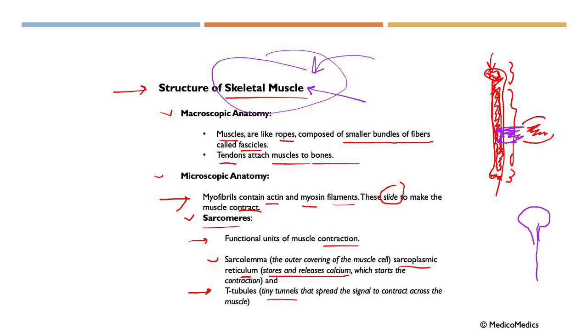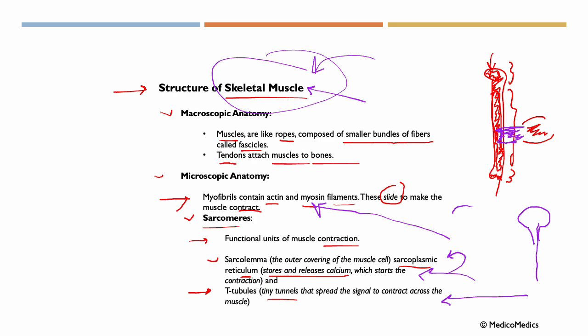This signal reaches the T-tubules, and these then spread it across the muscle cell. After that, the sarcoplasmic reticulum releases calcium, which tells the actin and myosin in the sarcomeres to slide past each other. When they slide past each other, this will shorten the muscle and create movement.